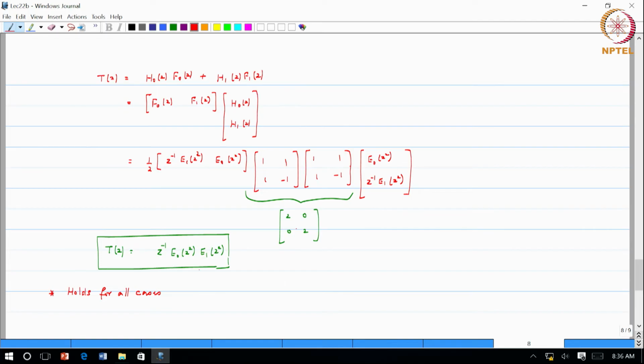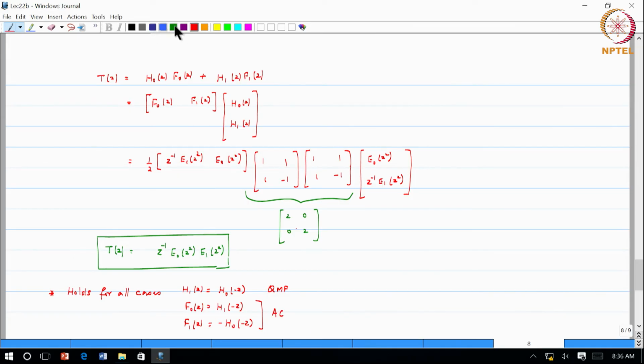Basically, they must satisfy the QMF condition, H1 of Z equal to H naught of minus Z, that is the QMF condition, and then the aliasing cancellation is F naught of Z is equal to H1 of minus Z, F1 of Z equal to minus H naught of minus Z. This is the AC stands for aliasing cancellation.